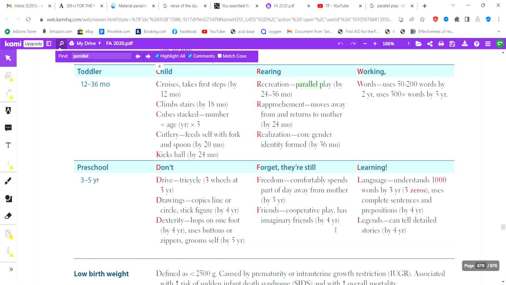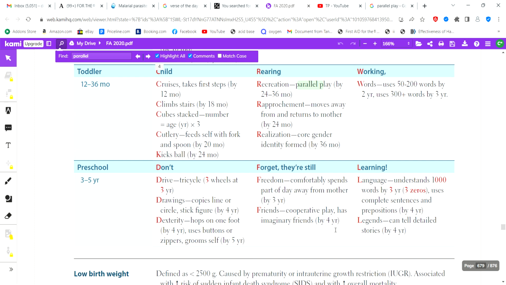A 3-year-old can also copy a circle and use utensils. Language-wise, 3-year-olds can understand 1,000 words by year 3.